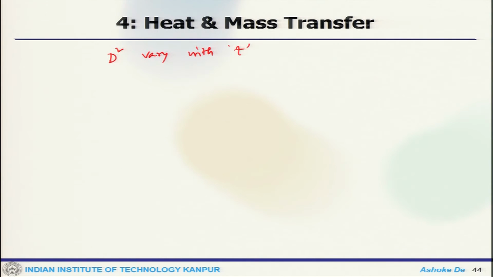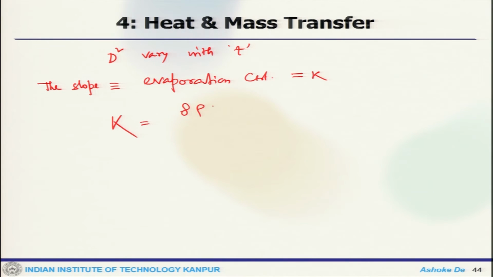That slope is essentially the evaporation constant, which is K. Then K is 8 rho D_AB by rho_L ln(1 plus B_Y).